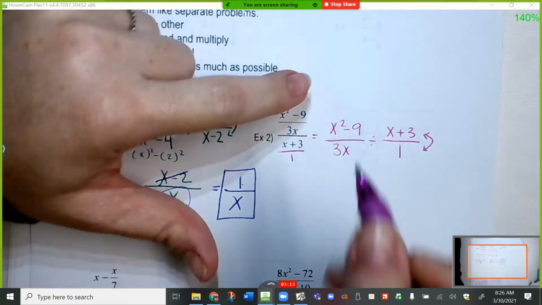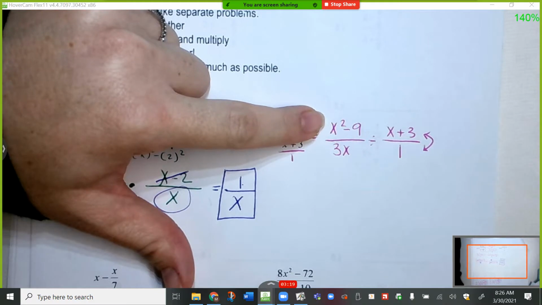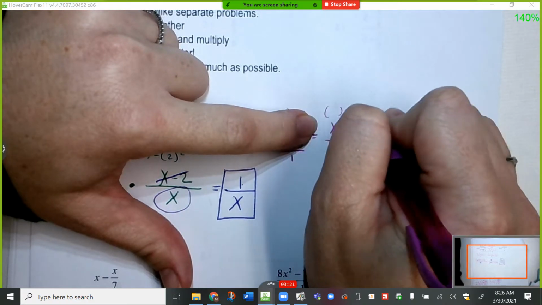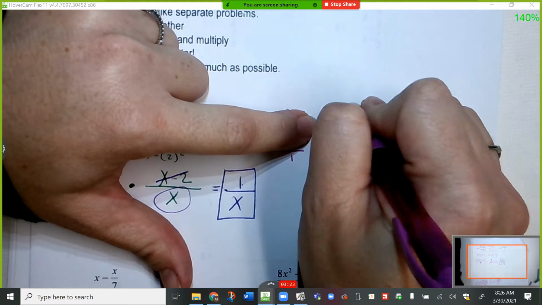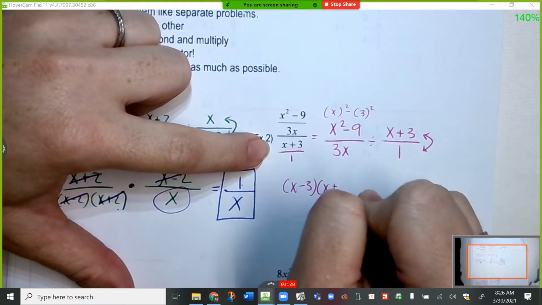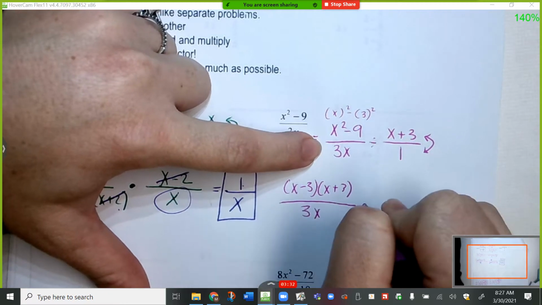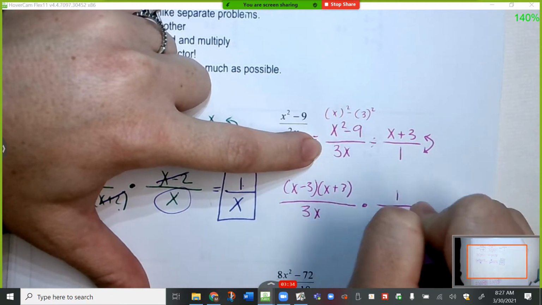Now, does x squared minus 9 factor? Yeah. It's a perfect square minus a perfect square. So I end up getting x minus 3, x plus 3. 3x does not. Changing it to multiply, and nothing over here factors either.